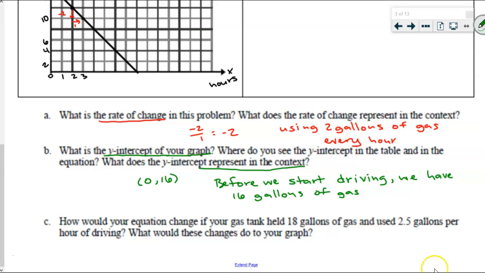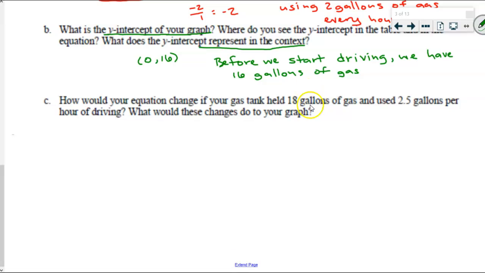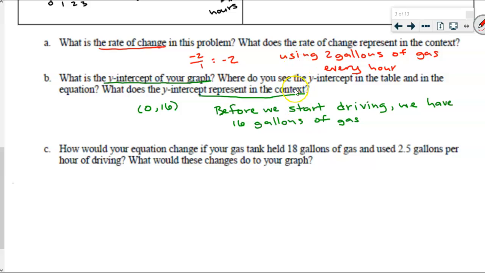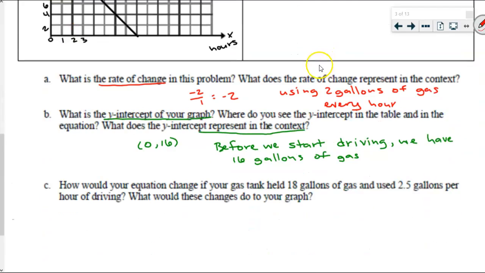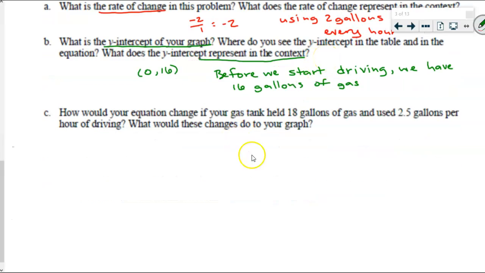So how would the equation change if instead the gas tank held 18 gallons instead of holding only 16 gallons, and we used 2.5 gallons per hour instead of 2 gallons per hour? So understanding these and how we can identify those pieces here in the equation is going to be really, really helpful. We have a new starting value of 18.